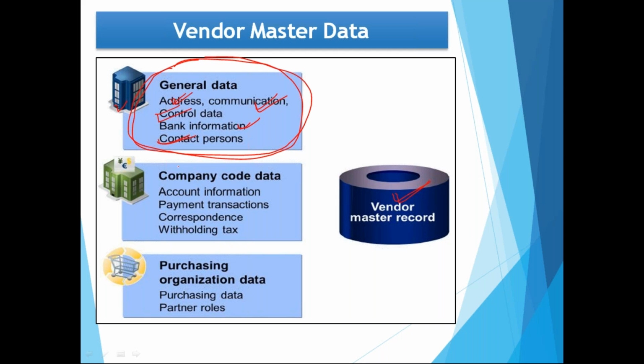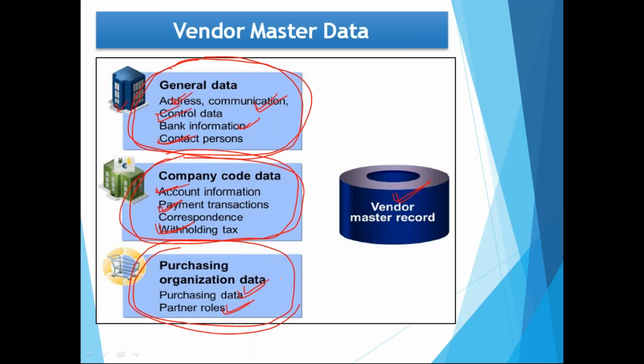Now some data will be maintained in the company code section. Here you will maintain finance related data like the GL account, reconciliation account, how the payment transactions have to be done, and withholding tax. Next, some data is maintained at purchasing organization data, like purchasing data and partner roles.